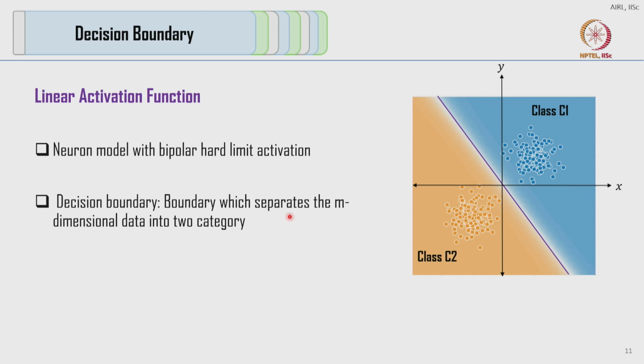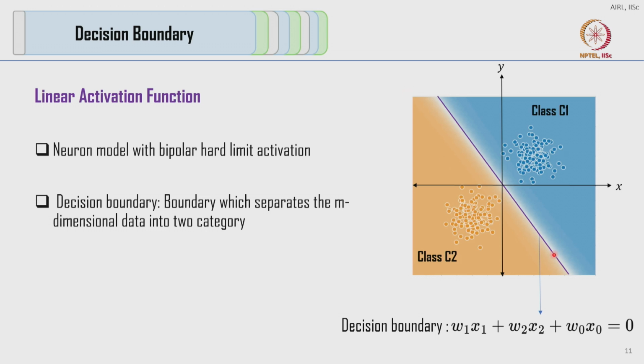I am showing it in two dimensions. In an n-dimensional space, it is a boundary which separates the m-dimensional data into two categories. What we have here, the black line, is the line separating these two classes, and that is the boundary we are talking of, which can be written as W1 x1 plus W2 x2 plus W0 x0 equal to 0.